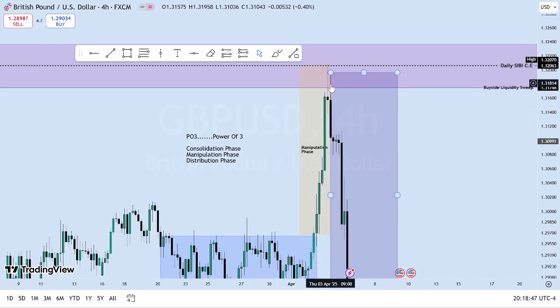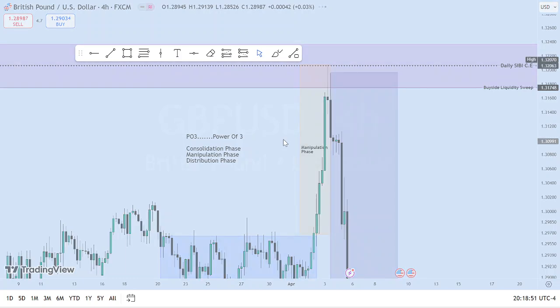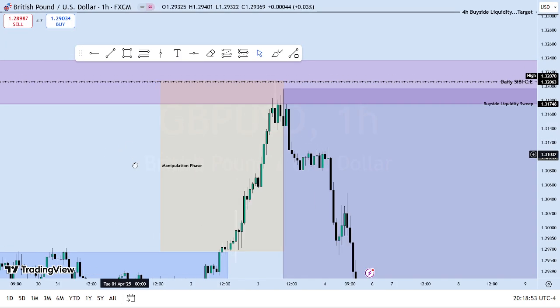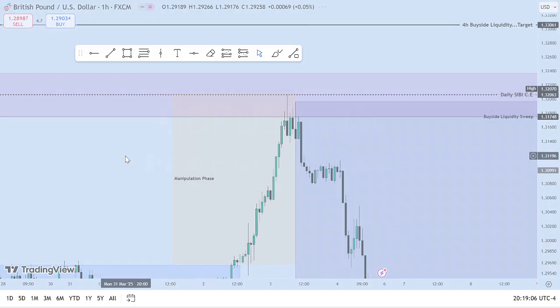You can go to a lower time frame to anticipate a distribution phase. Like here on the 1 hour chart, you can see SMT divergence over there. You can still go lower to 15 minutes.